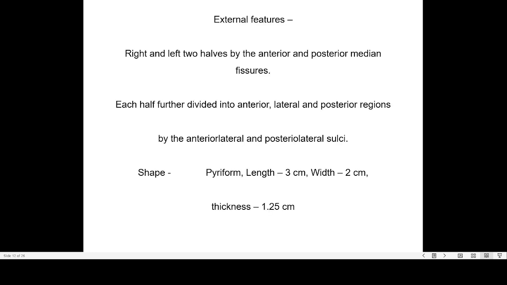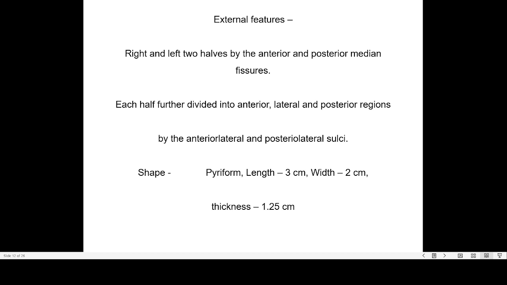Now the external features. It has two halves, right and left, and anterior and posterior median fissures. Each half is further divided into three regions, anterior, lateral and posterior, by the anterolateral and posterolateral sulci.